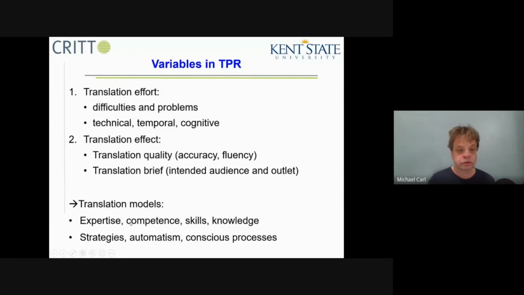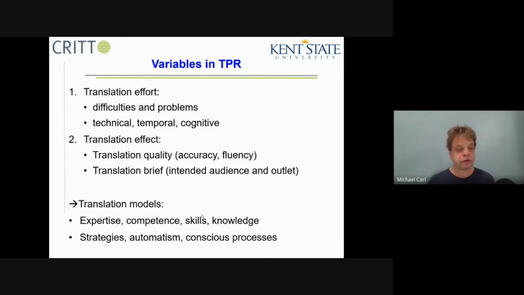Strategies, automatism. So there is often talk, many authors agree that there are automatisms. So a translator does produce some parts of the translation automatically. So there are some kinds of automatisms, but there's also conscious processing involved.